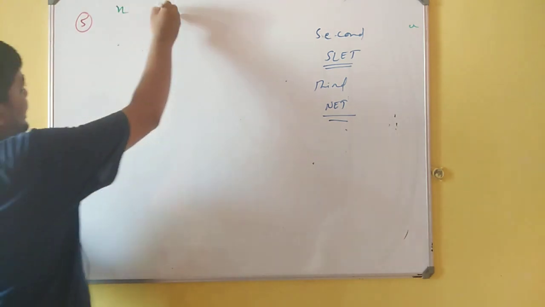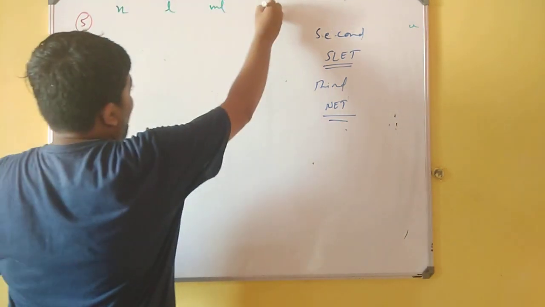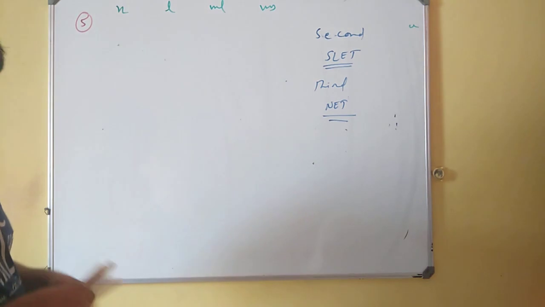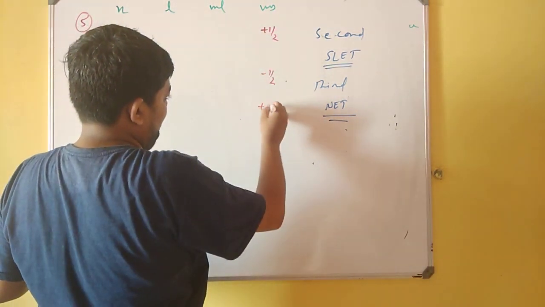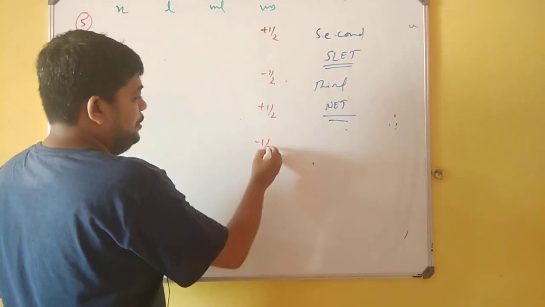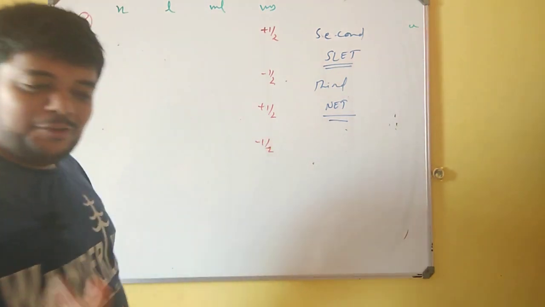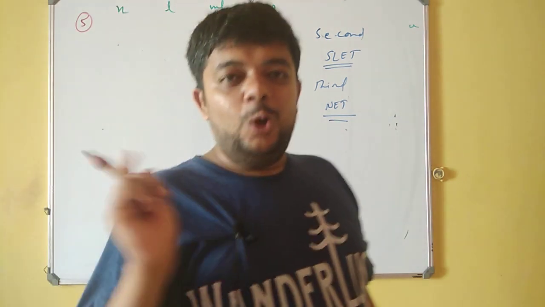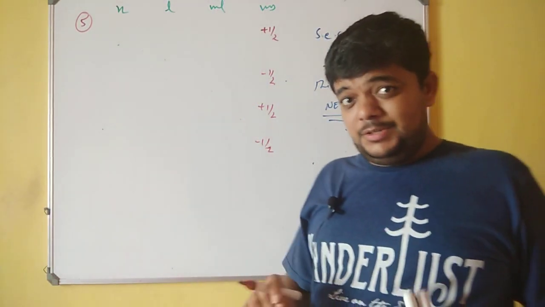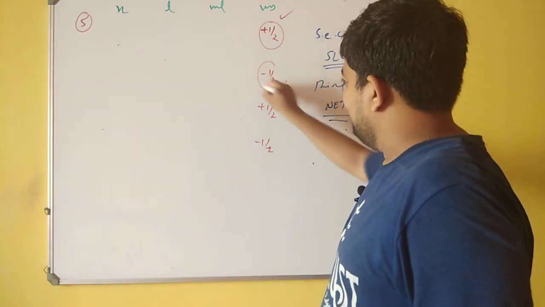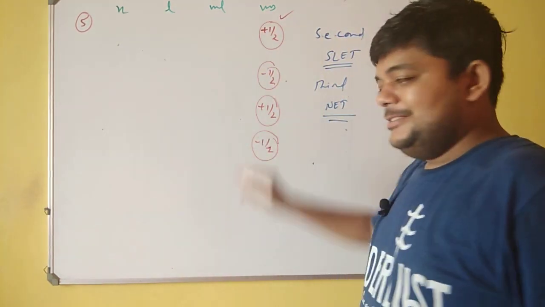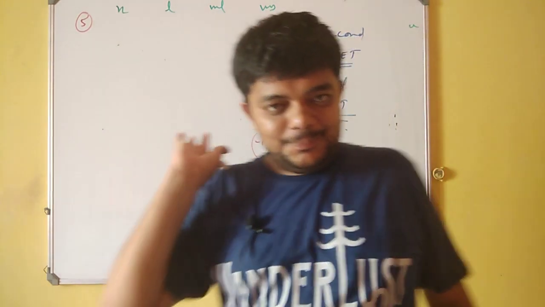They will write N, L, ML and MS. Nevertheless, you very well know for MS only +½ and -½ are possible. So always while solving these type of questions, keep your eye on MS. If you find anything other than this, there itself you can say that that line is wrong.